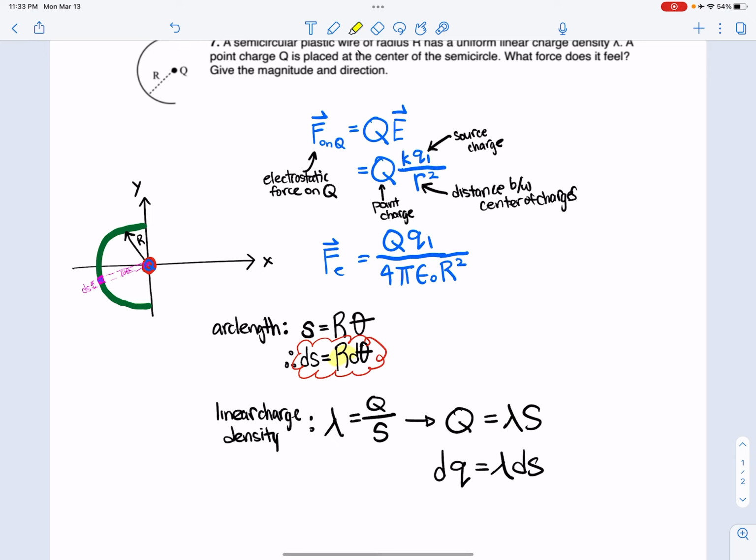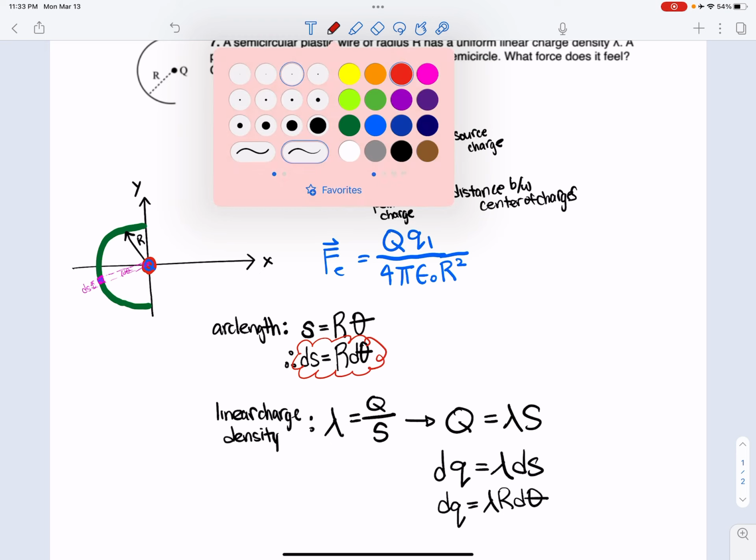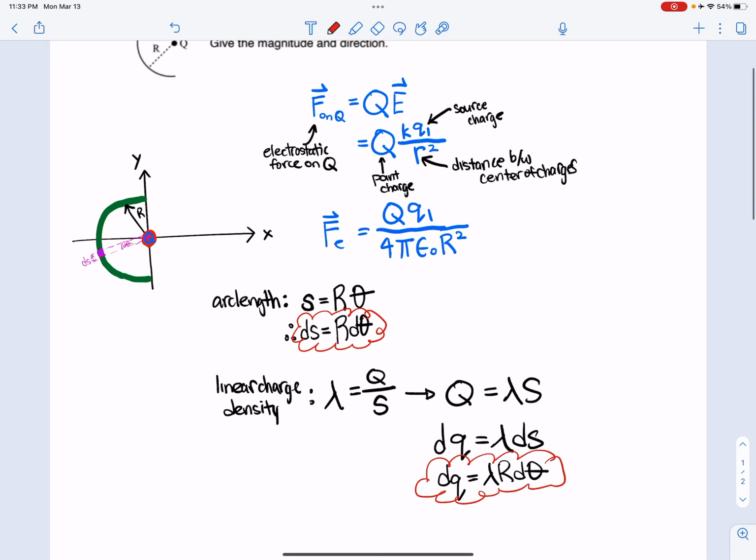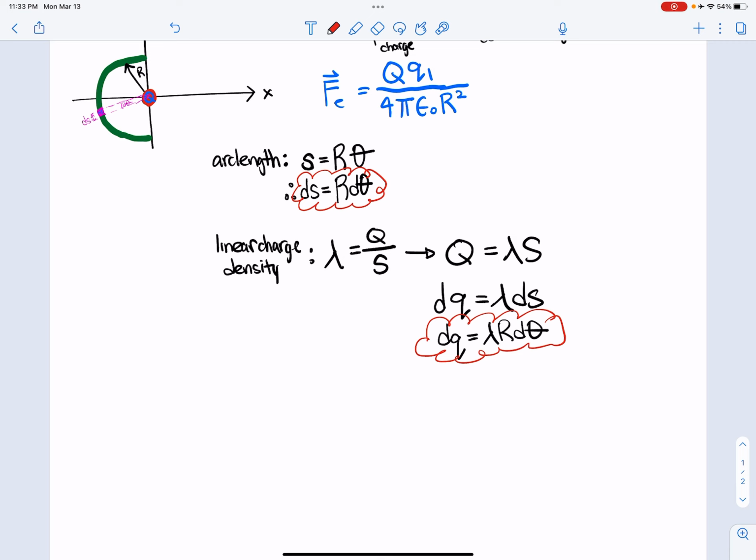And remember, ds is just r d theta, so I'm going to plug that in. So dq is equal to lambda r d theta. I'm going to put a little red cloud around it so I remember to look back at that.